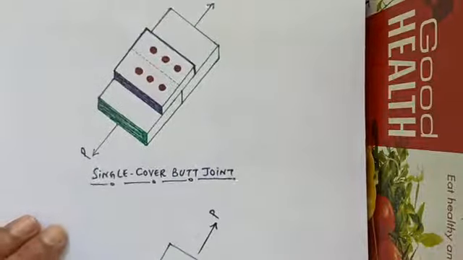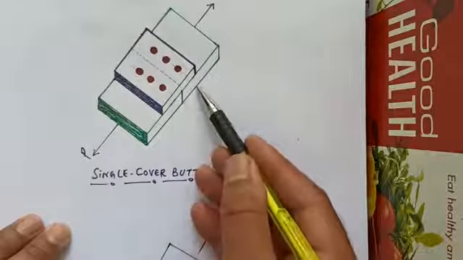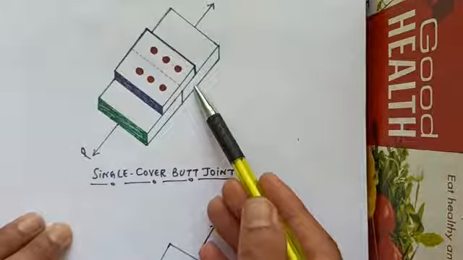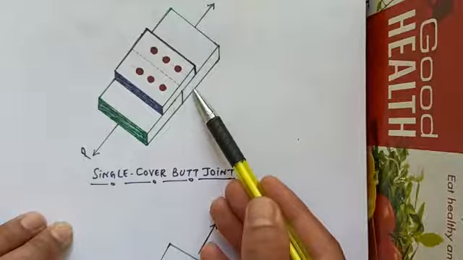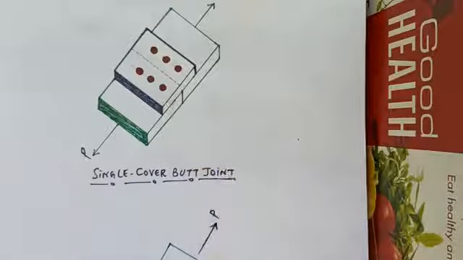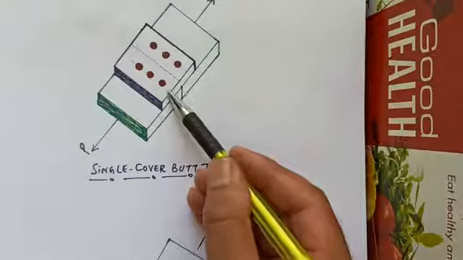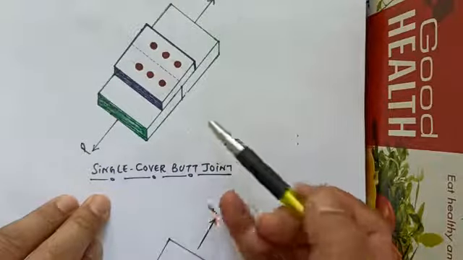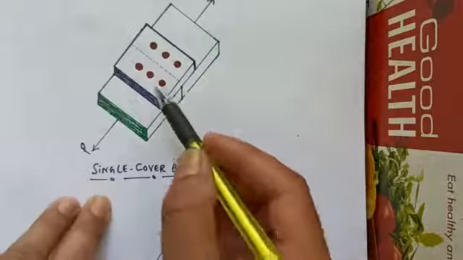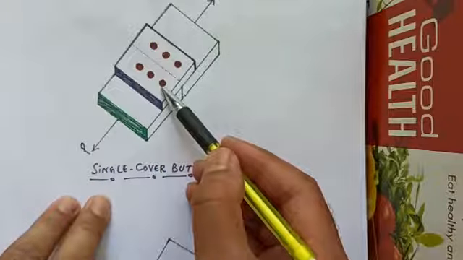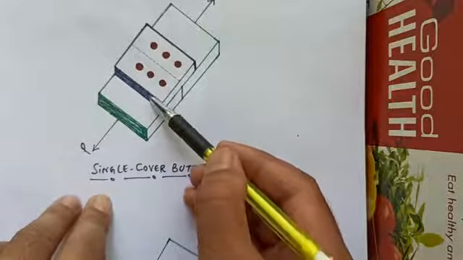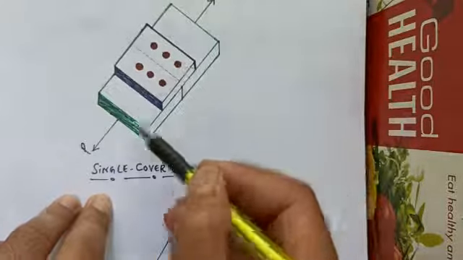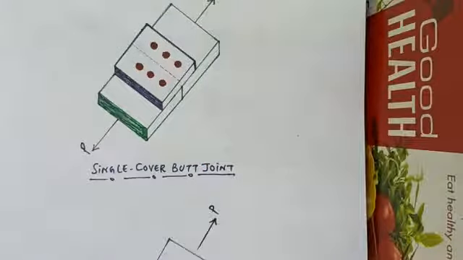Similarly, we have a butt joint. This is called a single cover butt joint because the two plates are abutting each other and have been connected by a single plate, that is called a cover plate. We call this joint a single cover single bolted butt joint because we have provided one line of bolts in one plate and one line of bolts in another plate.